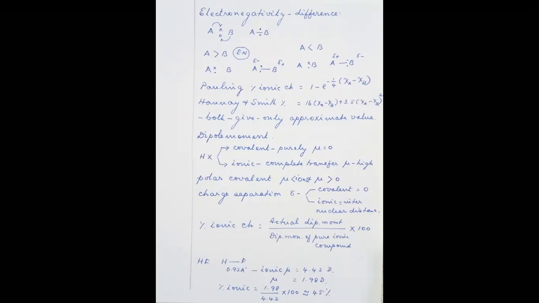But the dipole moment is found to be zero in the case of a covalent compound. In a covalent compound, the charge separation is zero. But in an ionic compound, the charge separation is equal to the internuclear distance. So when you compare the actual dipole moment observed and the dipole moment if the compound were a pure ionic compound, that will give you the percentage of the ionic character.